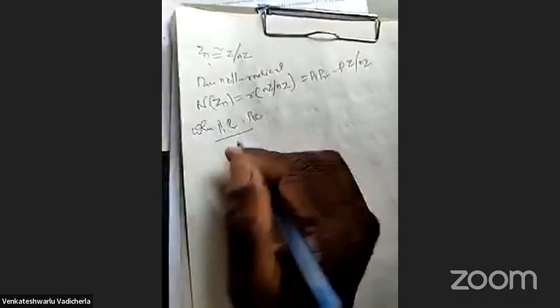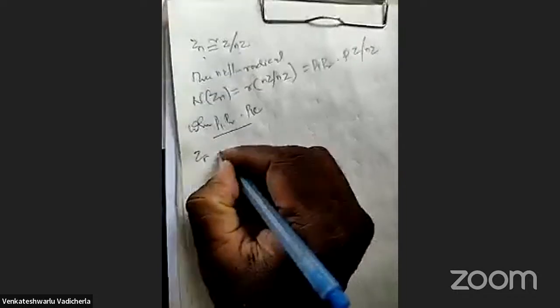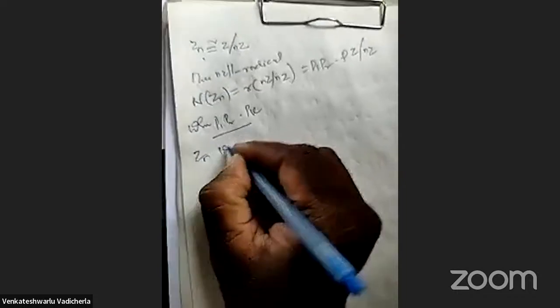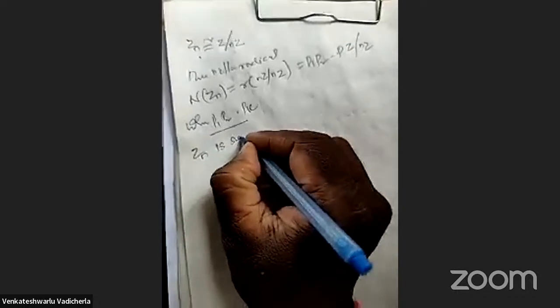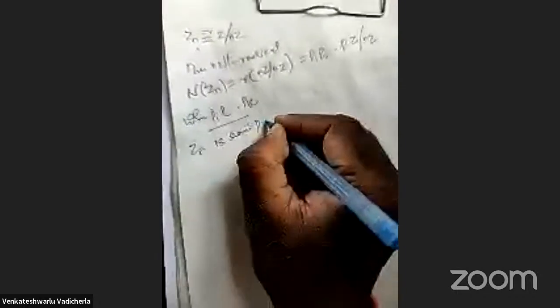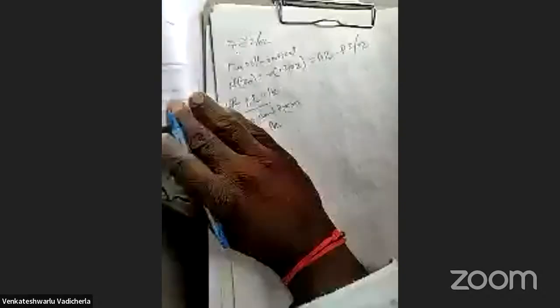Hence Z_n is semi-prime if and only if n is equal to p1 p2 up to pk, that is, n is a product of distinct primes. Okay, it is clear.